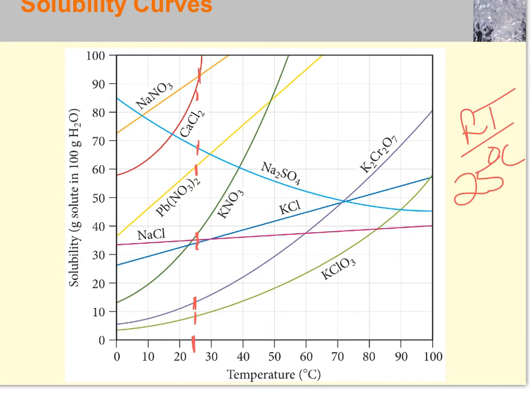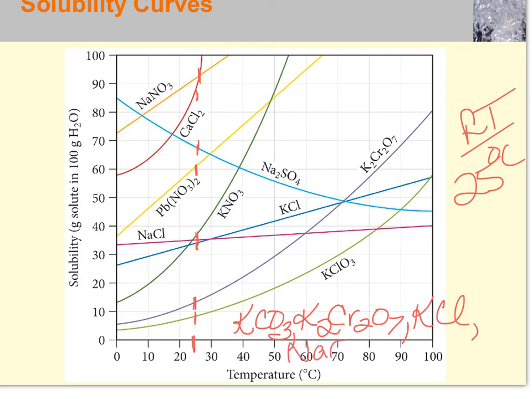There. And so the one with the lowest solubility is potassium chlorate, then potassium dichromate, then potassium chloride, and then sodium chloride, potassium nitrate, lead nitrate, and this is a really weird one, sodium sulfate.